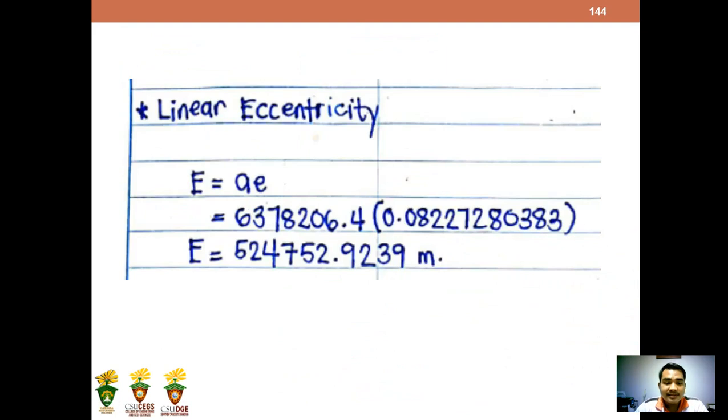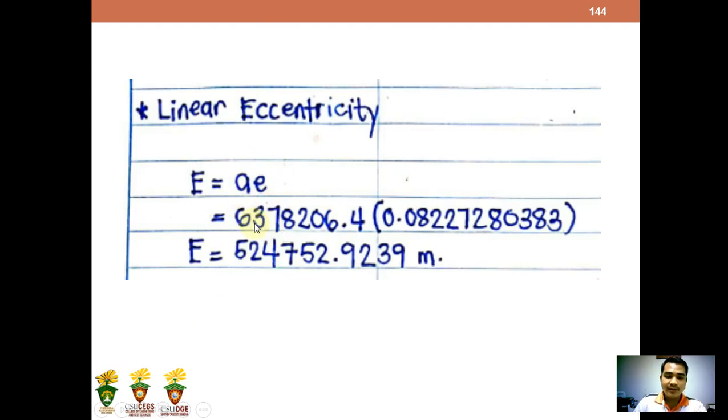So, next is the linear eccentricity. It is formula-based. You must be careful when solving, because if you get the first one wrong, then everything else will be wrong too. For example, if you made a mistake in the eccentricity in the first calculation, then you will also be wrong in the linear eccentricity. Again, to get the value of the linear eccentricity, we have this formula: a times eccentricity.